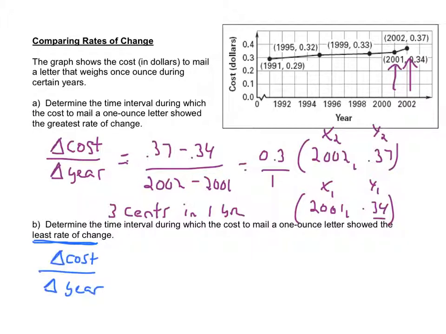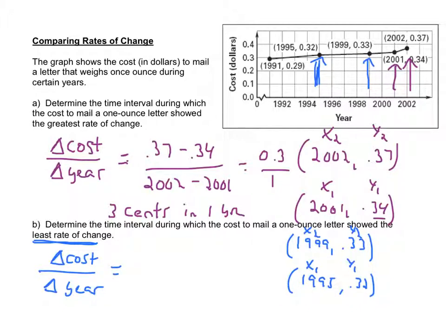So if we write down these 2 points, from this point to this point, the X2, Y2 is going to be 1999 and 33 cents, because that's the second point. And then your first point is this one here, which is 1995 and 0.32. That's going to be your X1, Y1. Now I'm going to do the change in cost. So I do 33 minus 32.